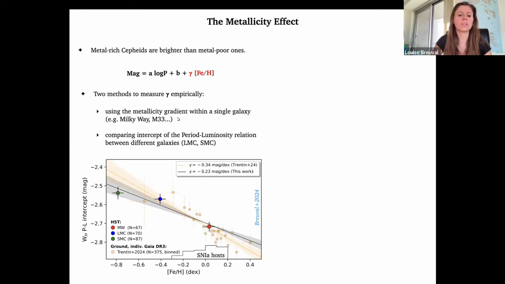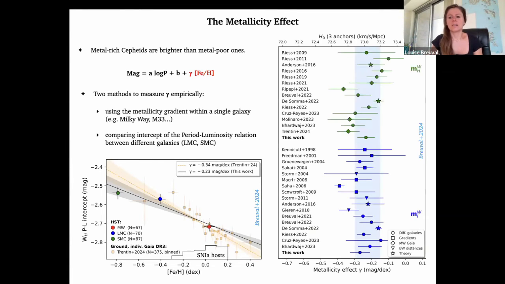Using this gradient, or you can take different galaxies like the Milky Way in red, the LMC in blue, and the SMC in green, and showing their intercept as a function of metallicity, you find again the same trend. So these are two methods to measure the gamma dependence. This metallicity effect has been measured by many teams, many methods, independent or not.